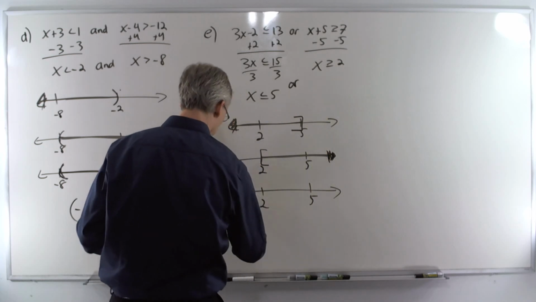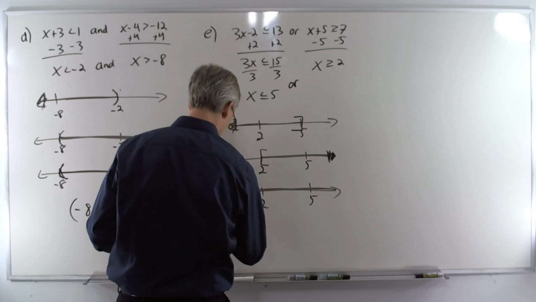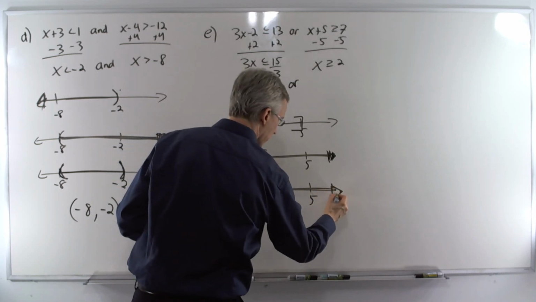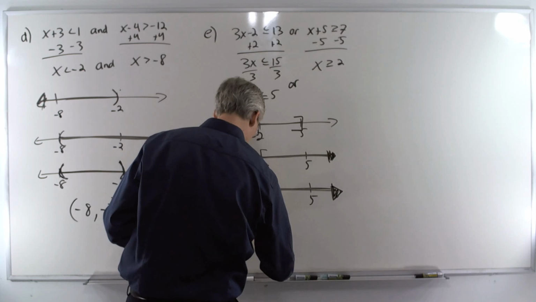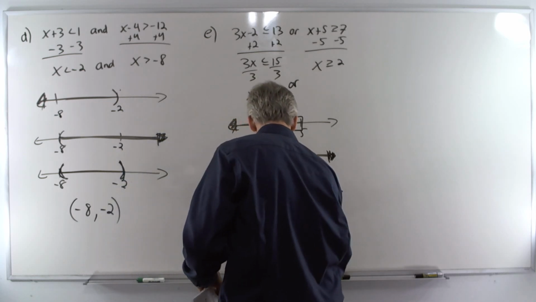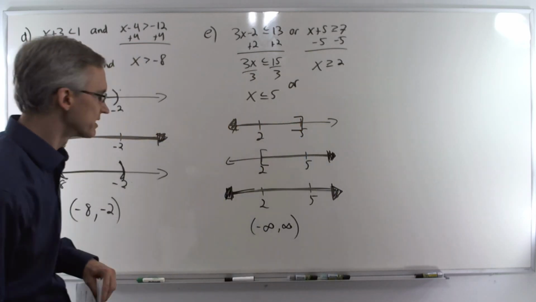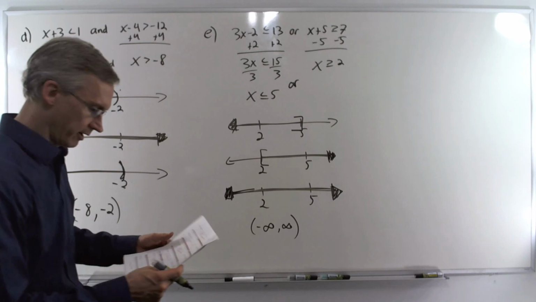So the whole number line is covered. So our solution set is -infinity to +infinity.